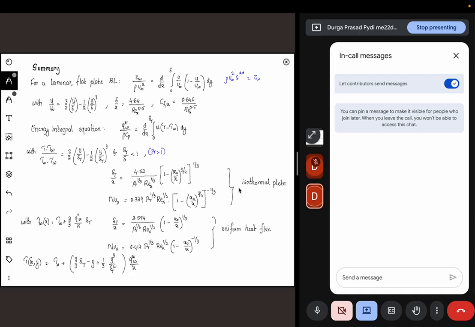This will be T of x, y. Yeah, I think that kind of summarizes the important equations for this particular session.